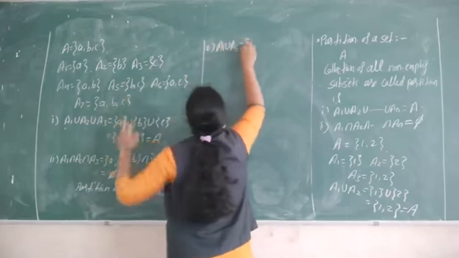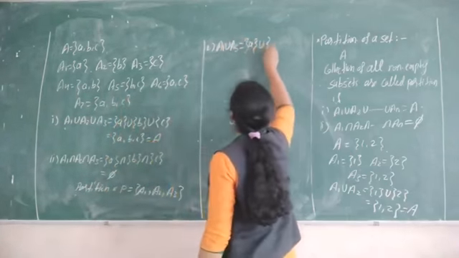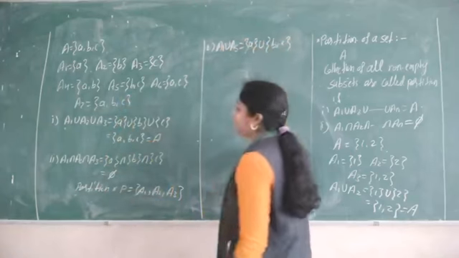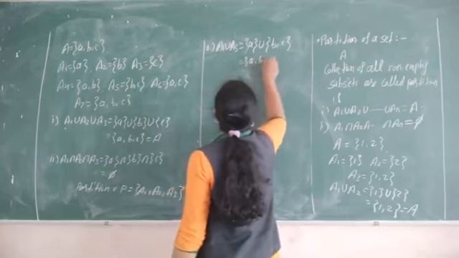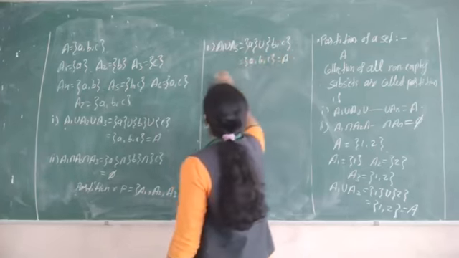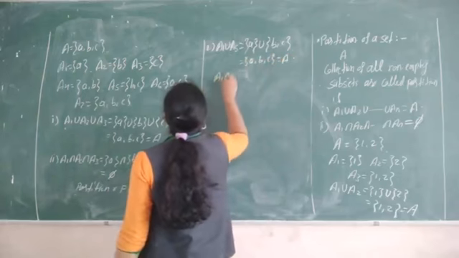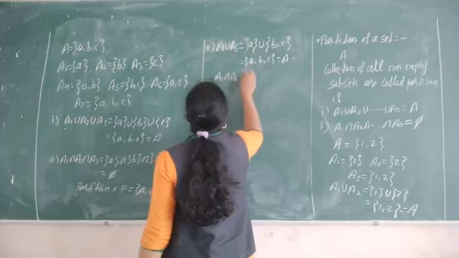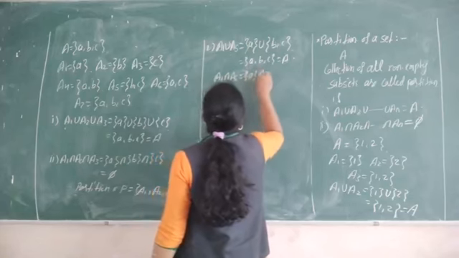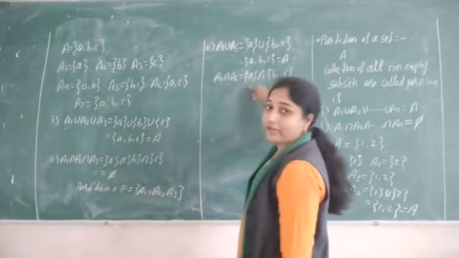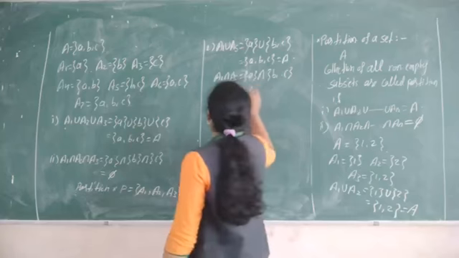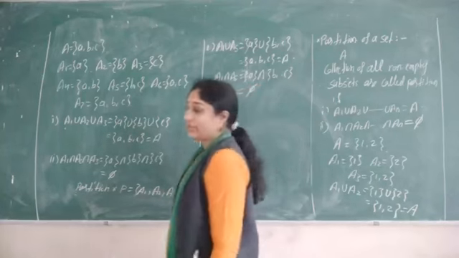The union of singleton set {A} and {B, C} is equal to {A, B, C}, again the set itself. Then take the intersection A1 intersection A5: the set {A} intersection the set {B, C}. Again we don't have any common elements in these two, so the value is the empty set.